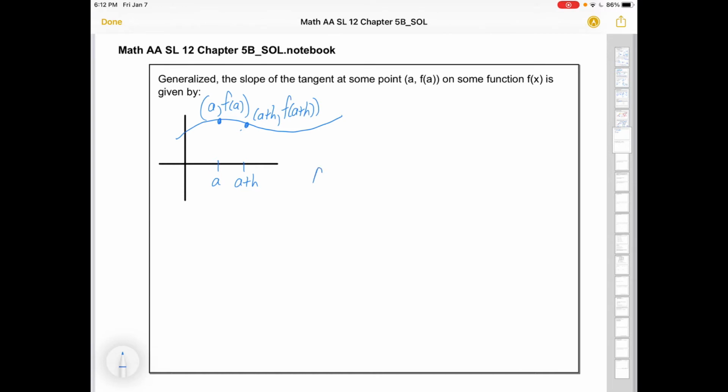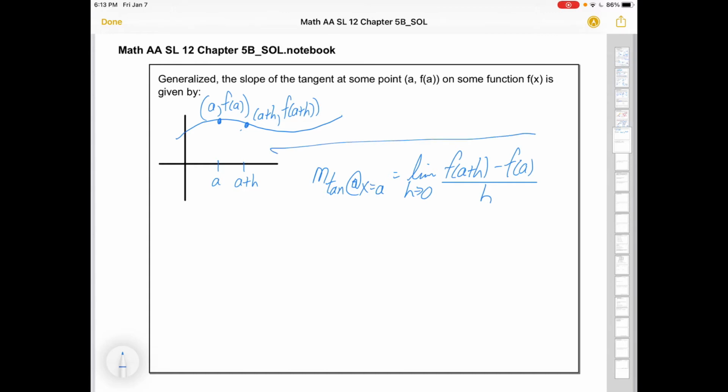But the slope of the tangent at x equals a, whatever that a value is going to be, is the limit as h goes to 0 of f of a plus h minus f of a, just rise over run. We're making that h as small as possible. That is the underpinnings of all differential calculus.